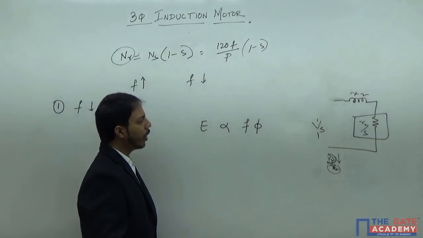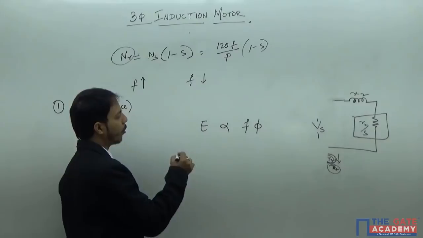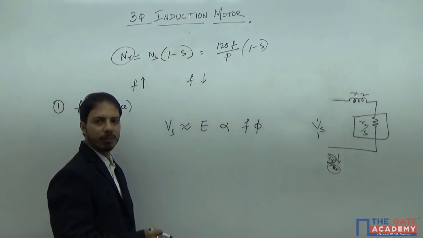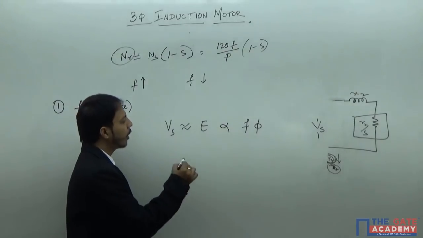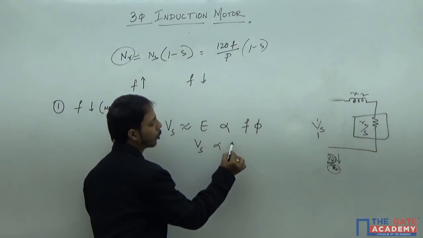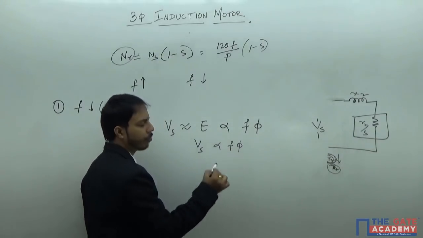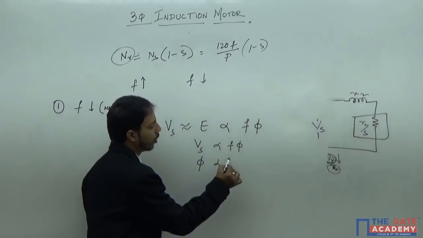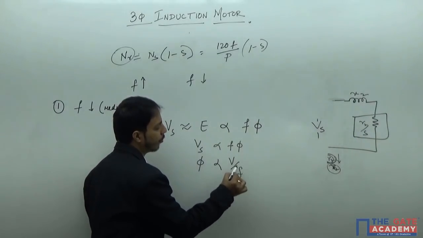Now, if we neglect the stator drop, we can say that the supply voltage is almost equal to the induced EMF. So the supply voltage is proportional to F into phi, or in other words, flux is proportional to V by F.